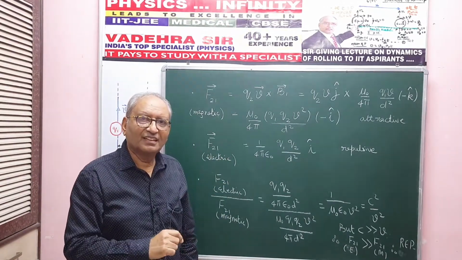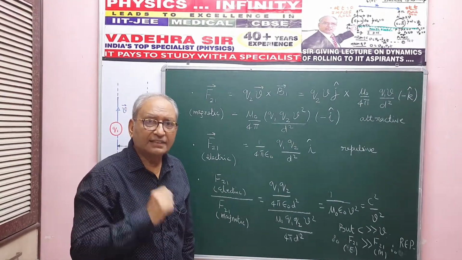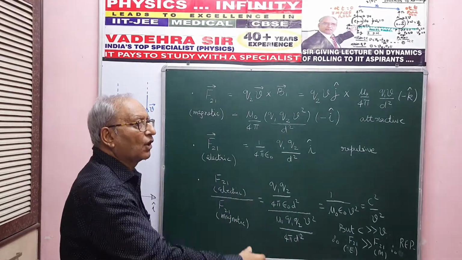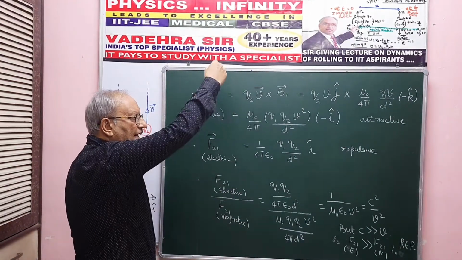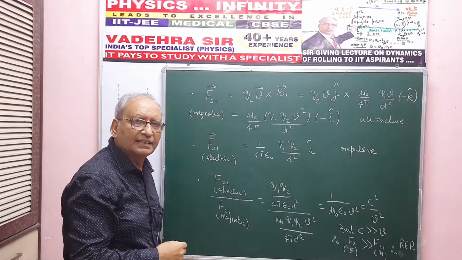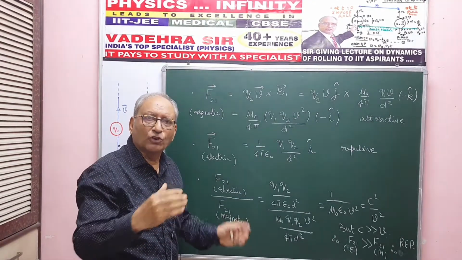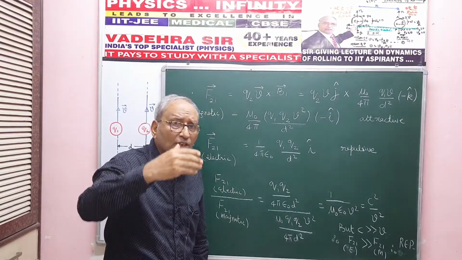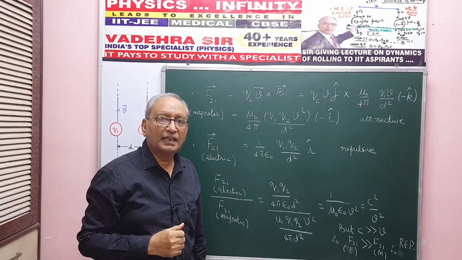Now, there is a question that arises in the mind of students. If I take two parallel long wires, and the current in this is, let's say, I1, and in this is, say, I2, and the two wires are separated by D, then the force per unit length on each wire is mu naught I1 I2 upon 2 pi D, and that is attractive.